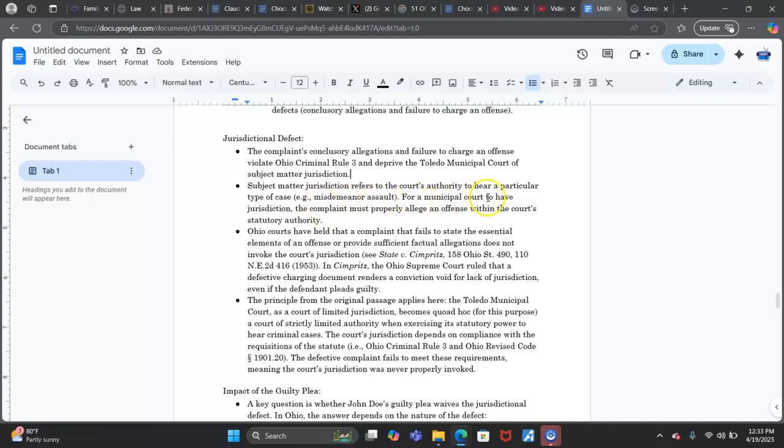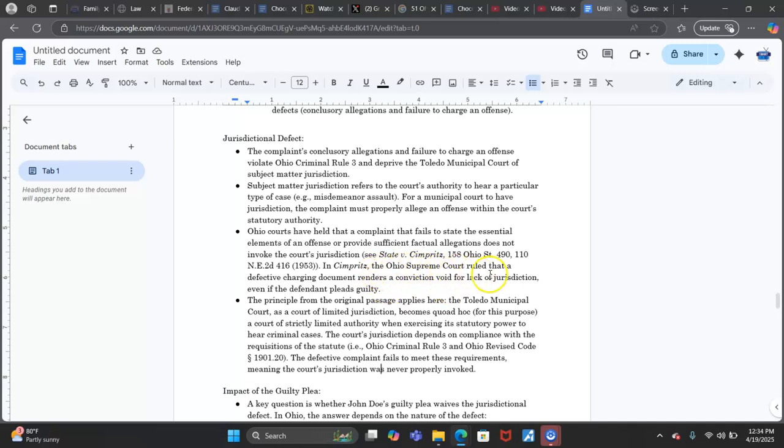For a municipal court to have jurisdiction, the complaint must properly allege an offense within the court's statutory authority. Ohio courts have held that a complaint that fails to state the essential elements of an offense or provide sufficient factual allegations does not invoke the court's jurisdiction. It's just smoke and mirrors. You don't know what you don't know.